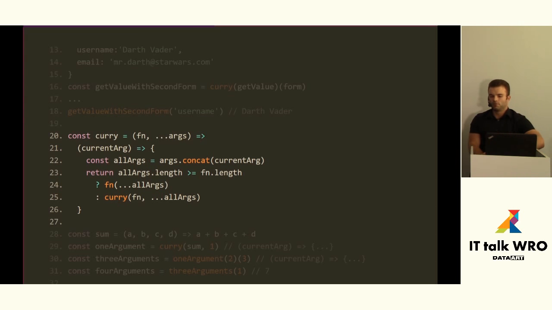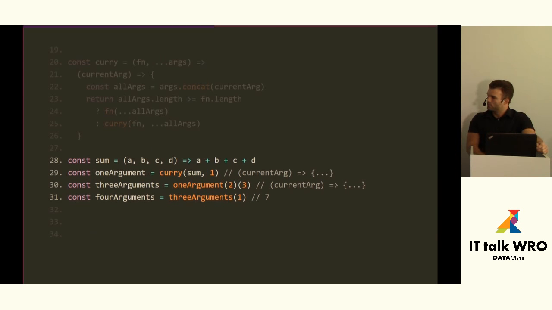Function.length, a property of a function, returns the amount of arguments that this function expects. And I make a check. If allArgs.length, that means if the amount of arguments which we have for now is more than or equal to what my function expects, I will call that function with all the arguments. If not, I need to curry my function one more time and return the curried version.